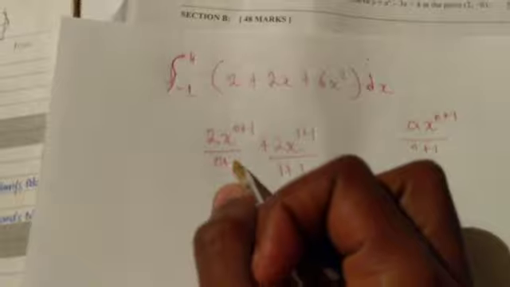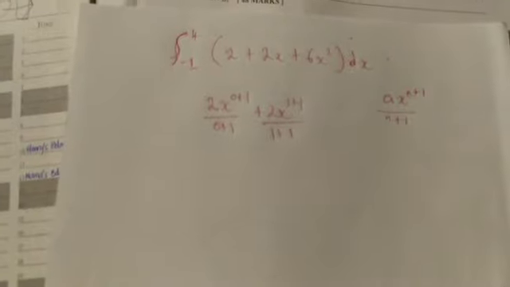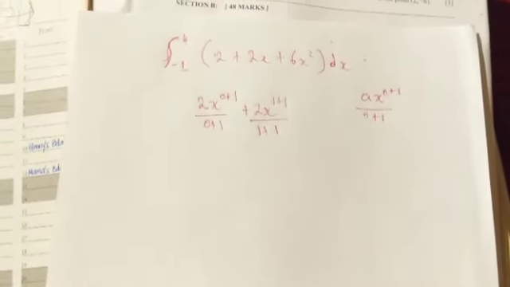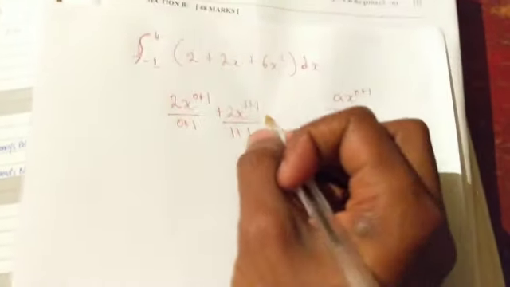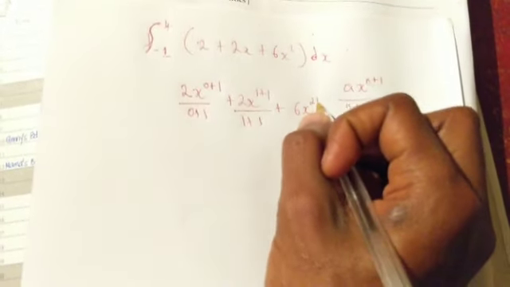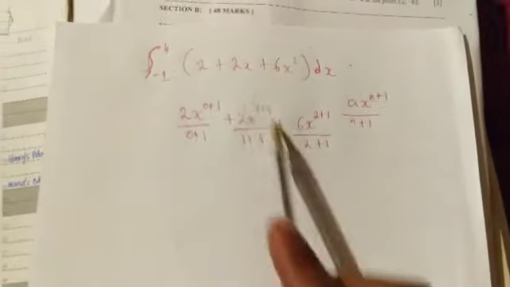Here it is 0 plus 1. That is what you are supposed to do. Then plus 6x to the power 2 plus 1, over 2 plus 1. That is how, before bringing in the limits, you need to integrate.